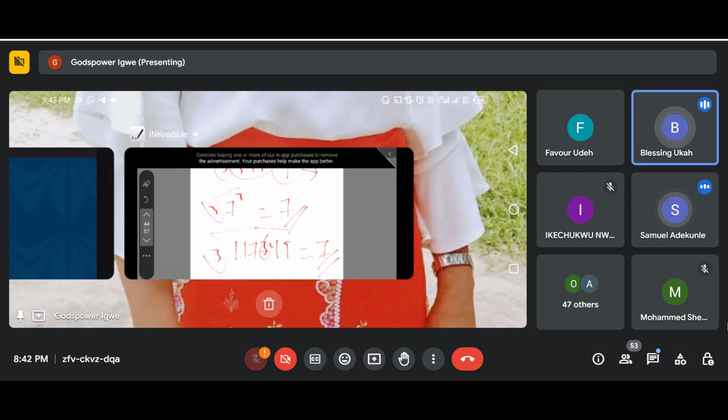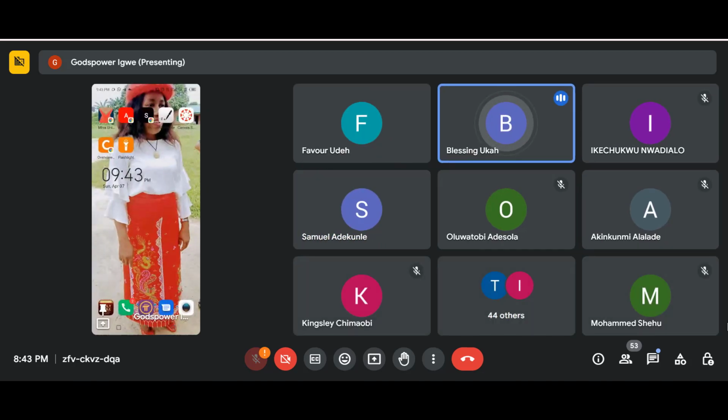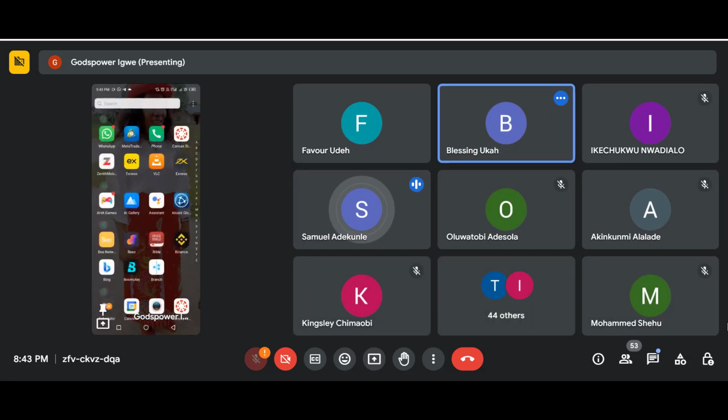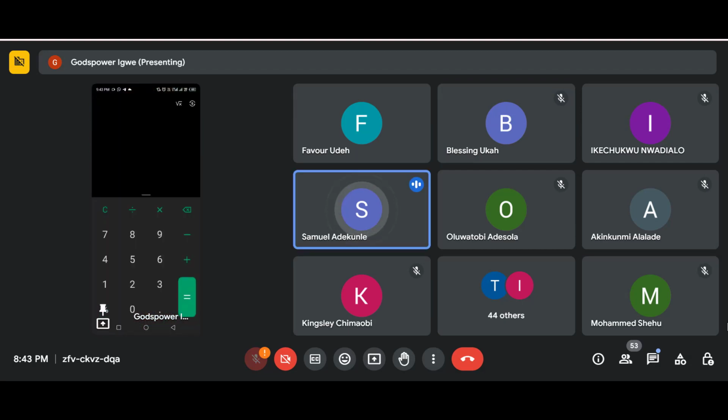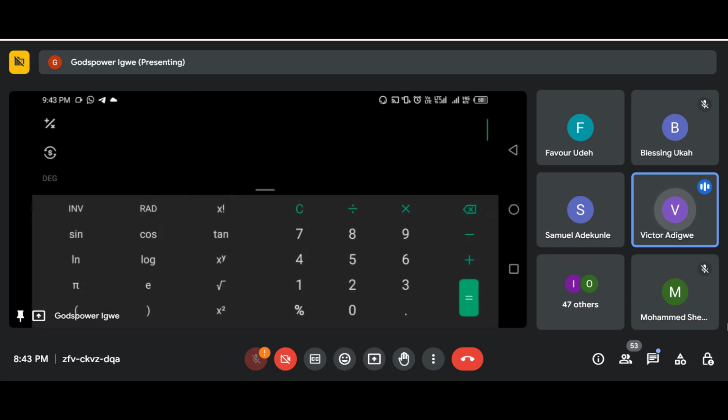No, 343 raised to power 2 over 3. That's the question. It is the cube root of 343 squared. So the answer is 49.